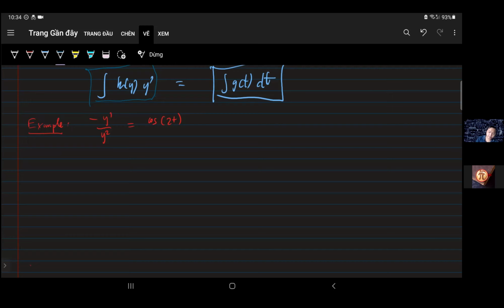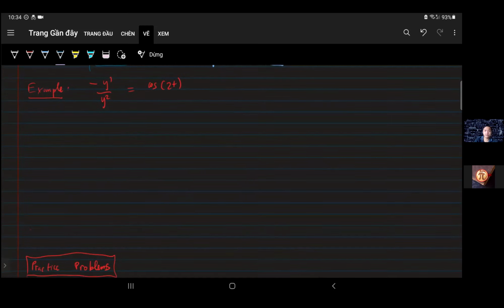Okay, so let me give you an example that is very easy and illustrates what a separable equation is. I have the example like this: negative y prime divided by y squared equals cosine of 2t. So this is a separable equation.